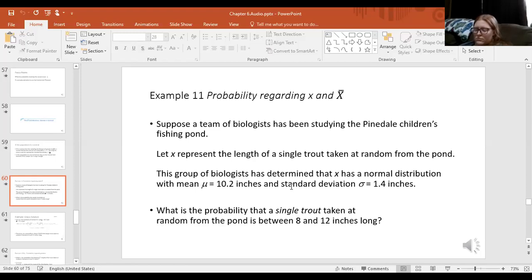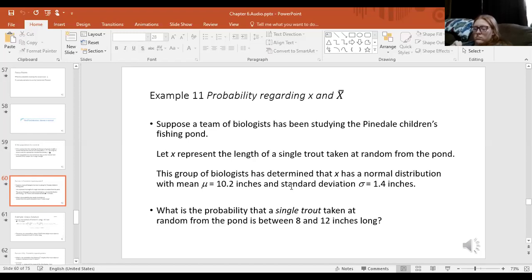Let's do it before we check the answer. So go to the calculator. We have the mean and the standard deviation. What is the probability that the size is between 8 and 12? So we will do second, variables. And then we will go to 2.